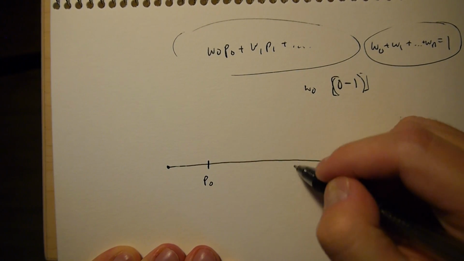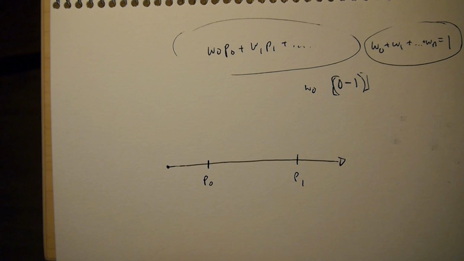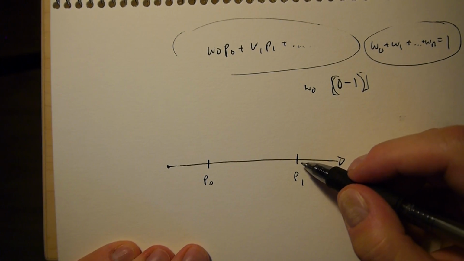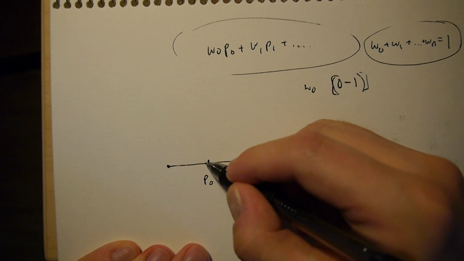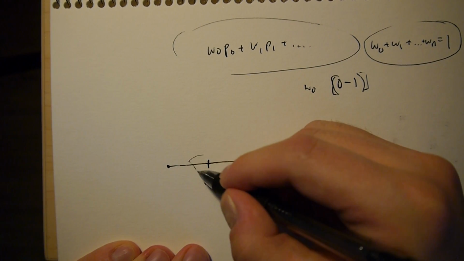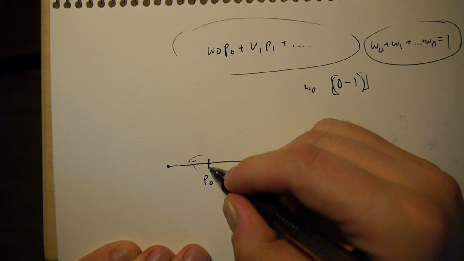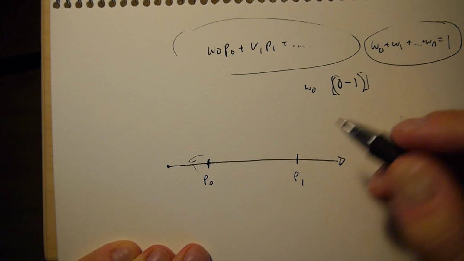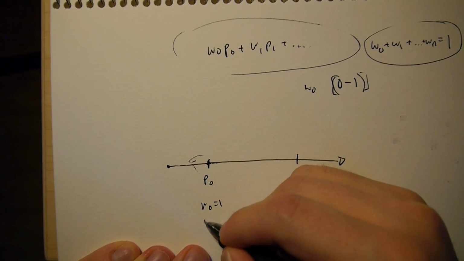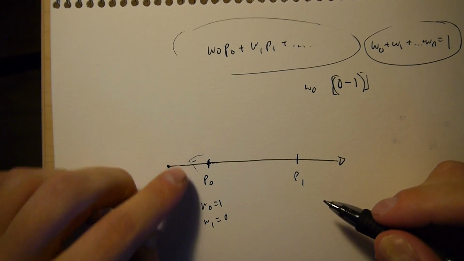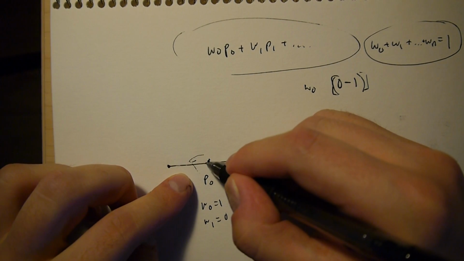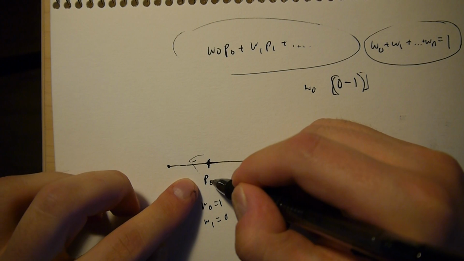If I have a P0 and a P1 and I am combining them, and the weights have to sum to 1, then the furthest I could get down this direction is when the weight for P0 is equal to 1. When W0 is 1, W1 is 0, and I can't get any further this way, because that is just the point P0.